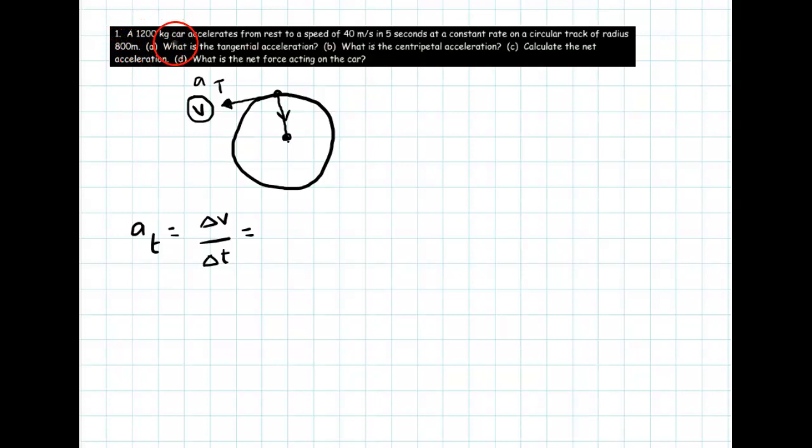So that is the first question. A 1200 kilogram car accelerates from rest, so the initial speed is 0 meter per second, to a speed of 40 meter per second, the final v is equal to 40 meter per second, and it increases its speed within 5 seconds at a constant rate on a circular track.